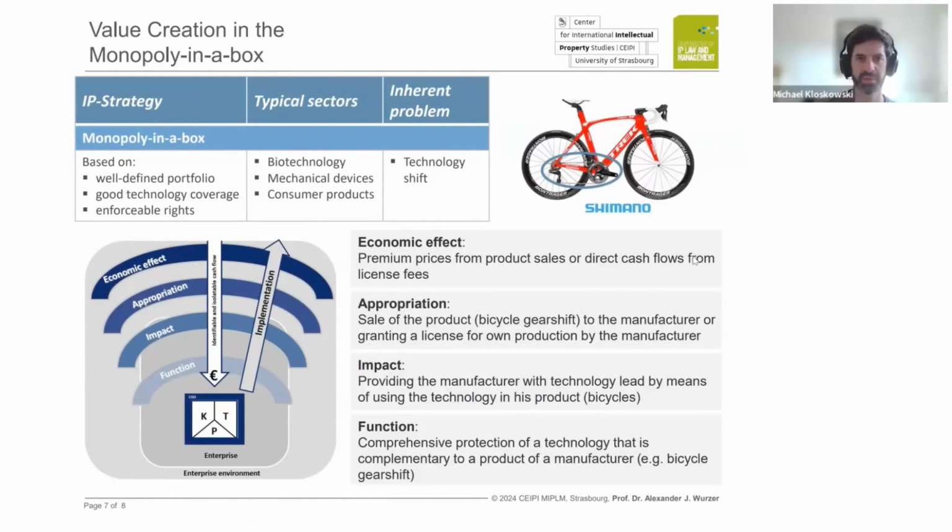And the next slide, last but not least, is monopoly in a box with an example of Shimano, a gear shift producer. Shimano is producing complementary products, for example for bicycles, and these complementary products are very well known.